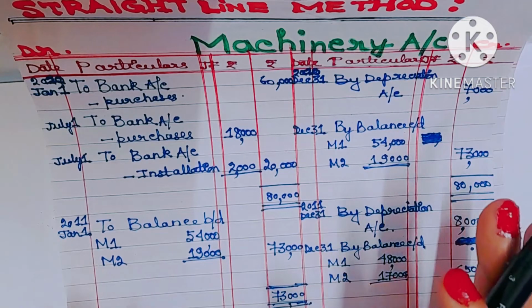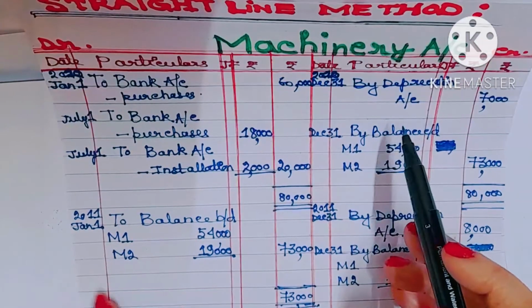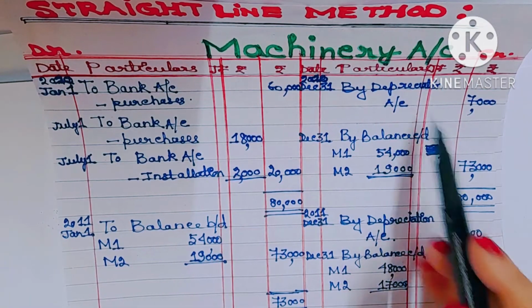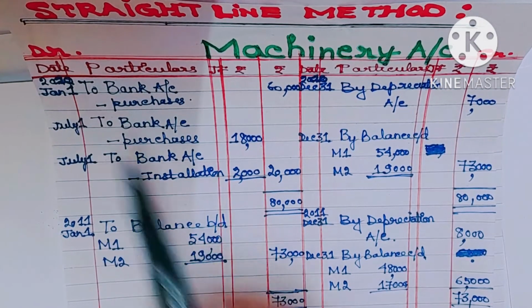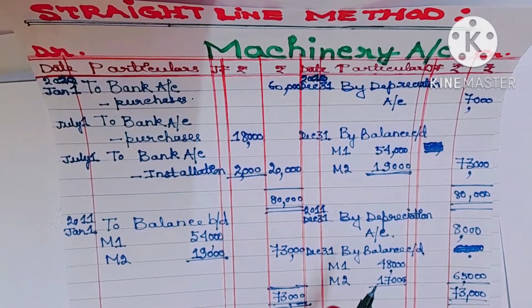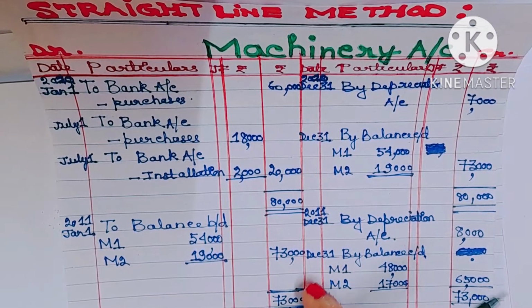Now when we are preparing depreciation account, you always have to look at the depreciation. See, by depreciation account 7,000 in the year 2010. This is nothing but ledger posting. So we'll have to write in the depreciation account to machinery account 7,000.